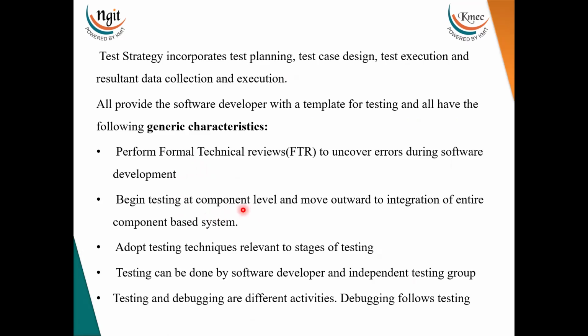We start testing from small parts, and those parts are these components. And then we test how they work together as a system. Then the next point says adopt testing techniques relevant to stages of testing, which means we use different methods depending on what stage it is in.